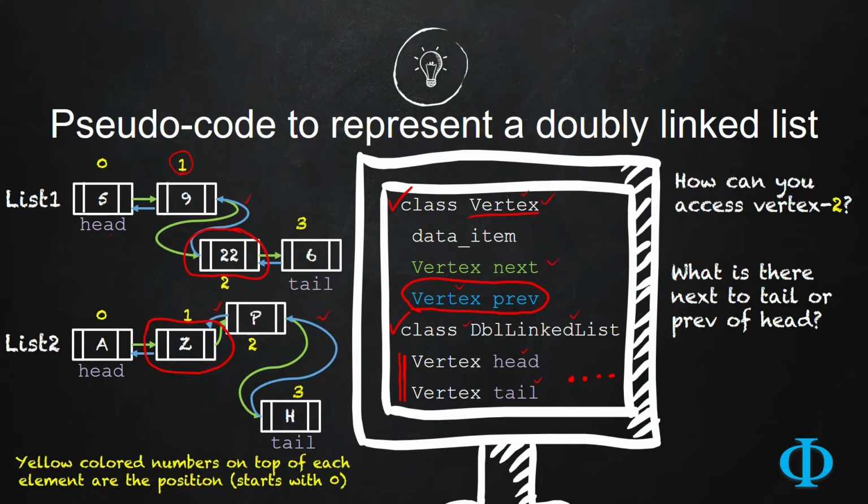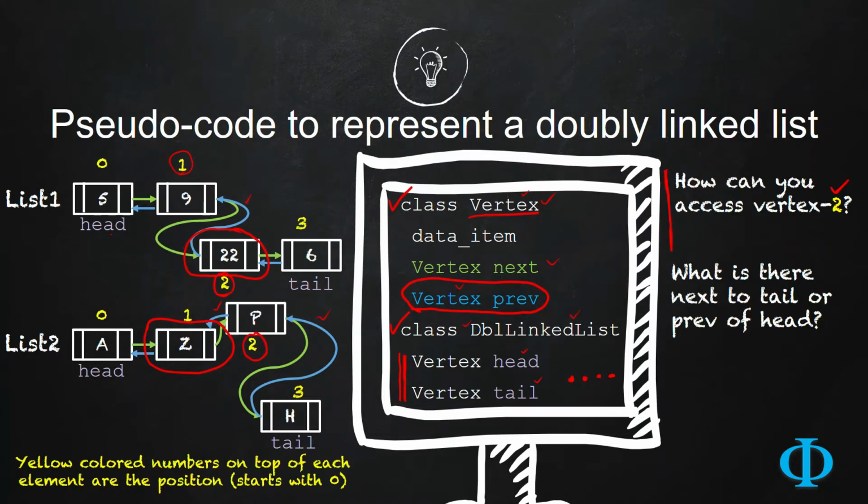The question that I would like to ask in here is, how can we access the vertex at index 2, that is the vertex in here or in here?